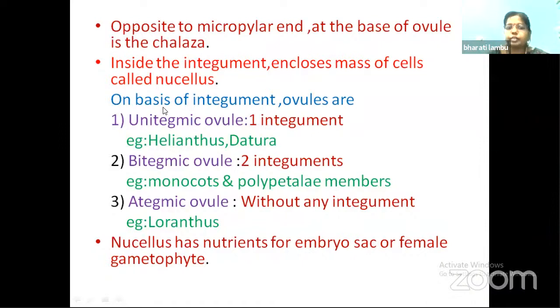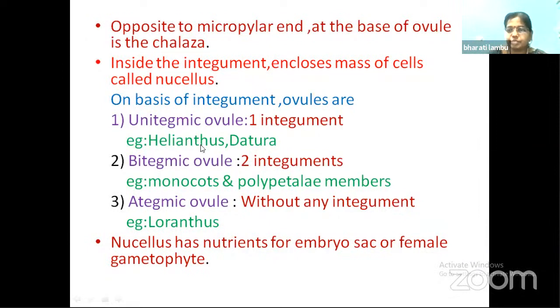On the basis of integuments, ovules are of three types: unitegmic ovule, bitegmic ovule, and ategmic ovule. A unitegmic ovule has only one integument. Examples are Helianthus or Datura.